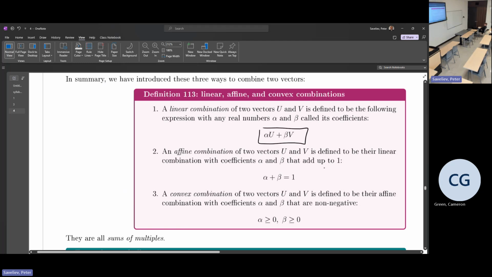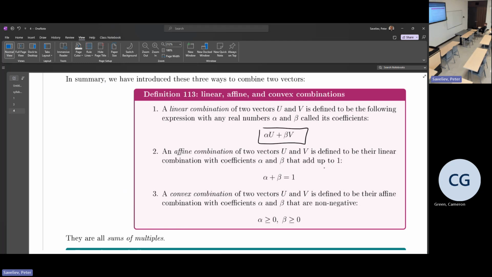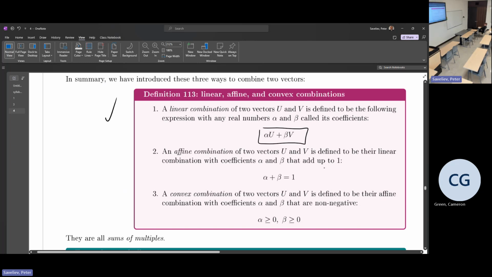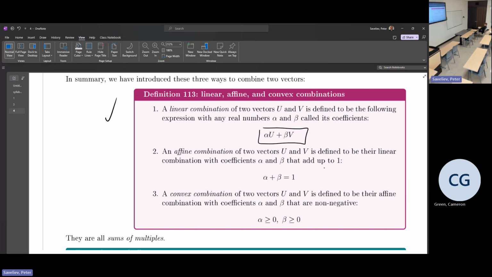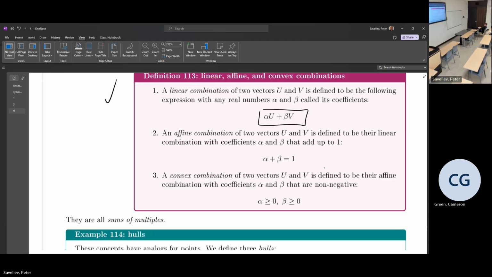That's why it's the most important one, as it is linear algebra. And if you put restrictions on these numbers, such as requiring them to add up to 1, that's called an affine combination, and a convex combination additionally requires alpha and beta to be larger than or equal to 0. So in other words, a weighted average. That's the last one.